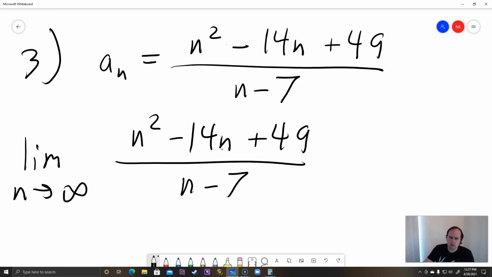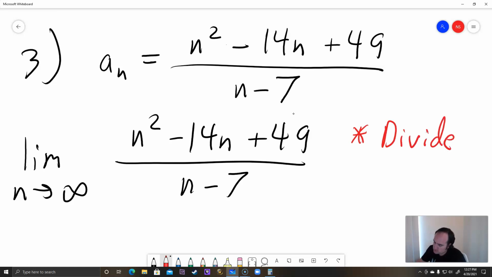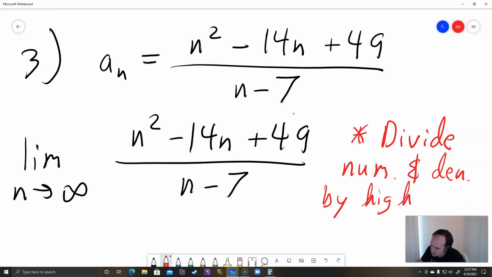What we're going to do is divide the numerator and denominator by the highest power in the denominator.